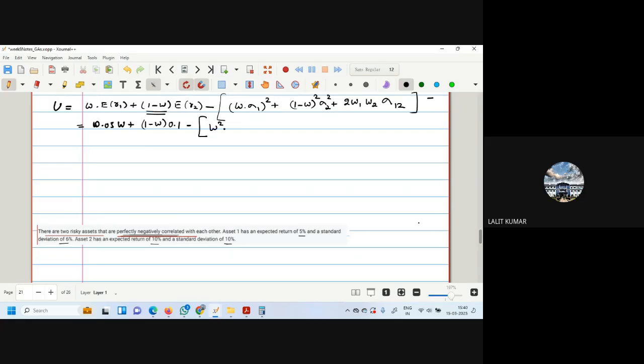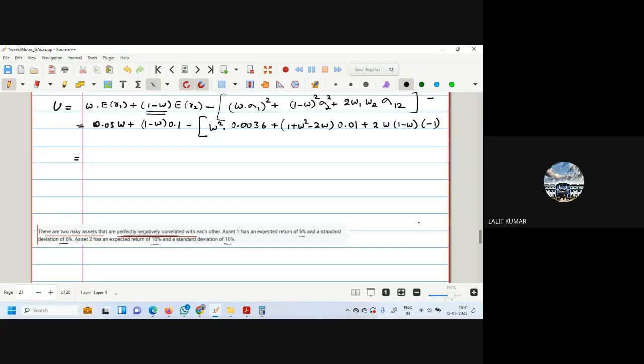Sigma 1 is 6%, so this will become 0.0036, plus you expand this, 1 plus W square minus 2W, into sigma 2 square, which is 0.01. This will become 2 into W into 1 minus W into minus 1, because perfectly correlated.